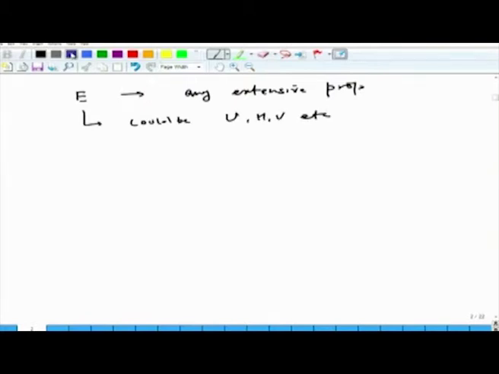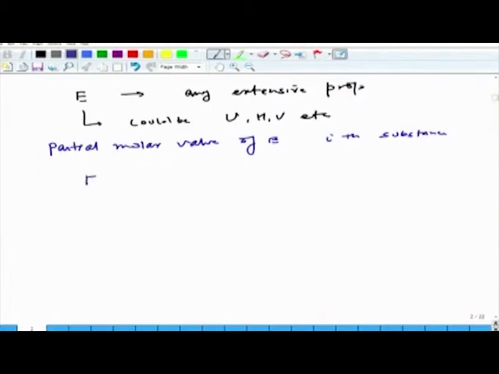Now, I am going to define a partial molar value of E for the ith substance or ith component in the mixture.